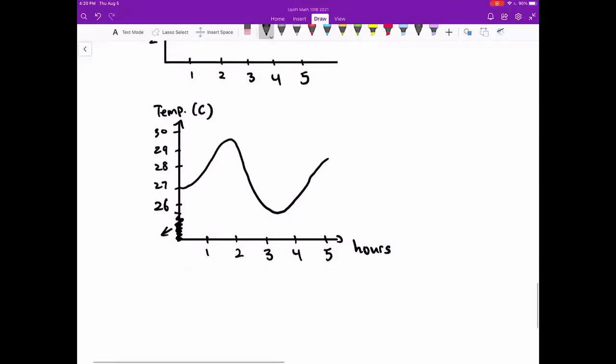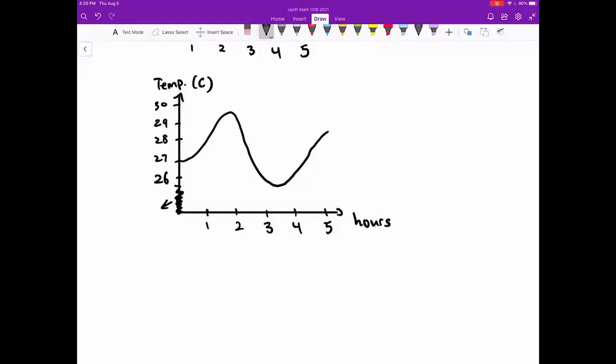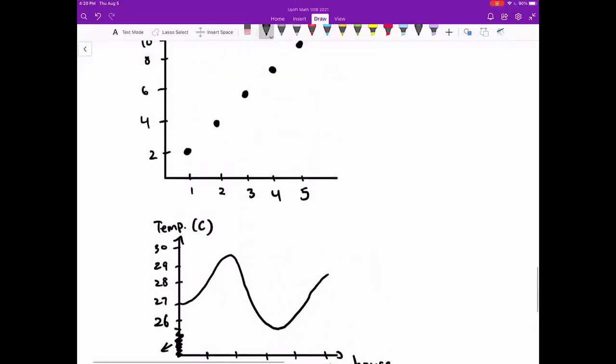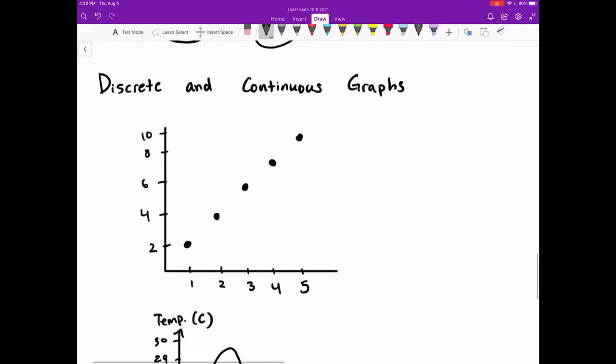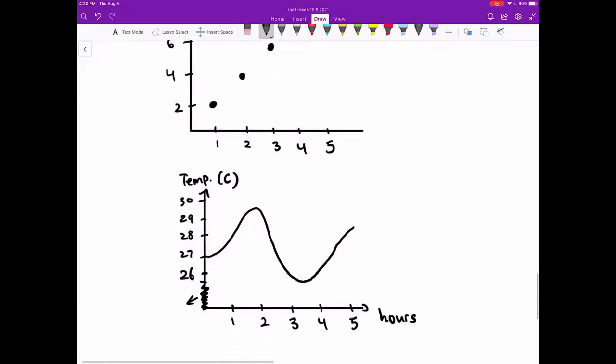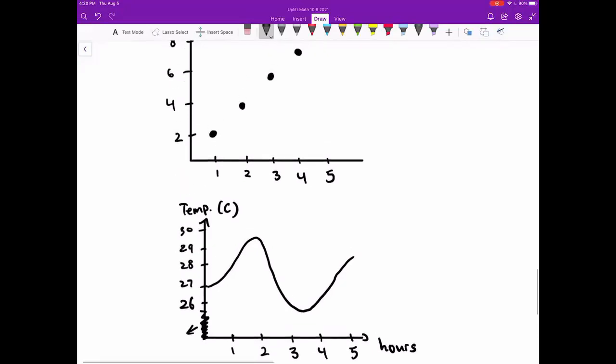No, that's not what happens. It goes continuously. So for the temperature case, we have a continuous graph, while for the number of apples, we have a discrete graph. Does that make sense? And we could always do more examples if something is confusing.